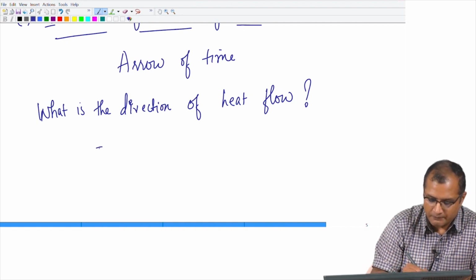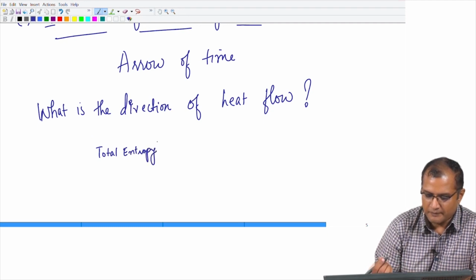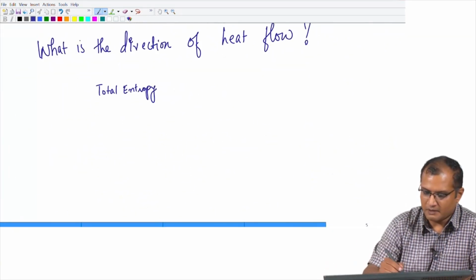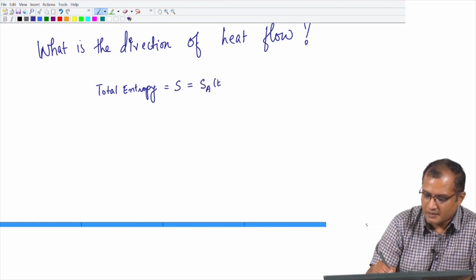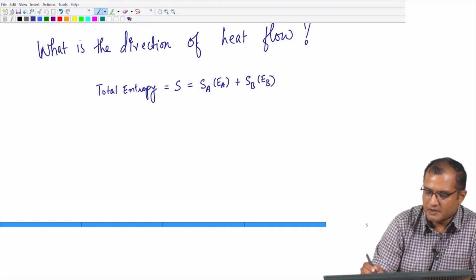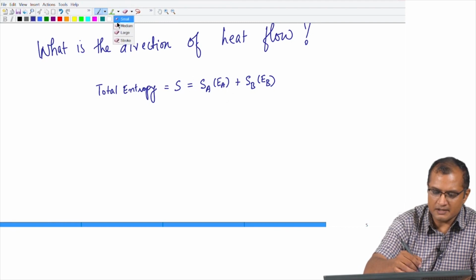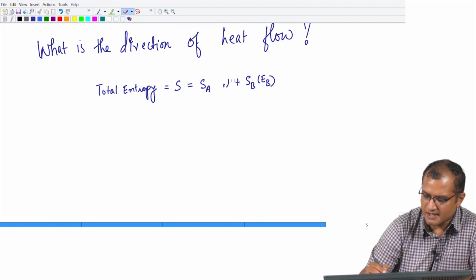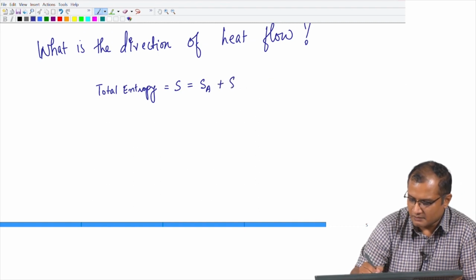the total entropy, which is given as S, and that is nothing but S A as a function of E A plus S B as a function of E B, which is basically, I will just call it S A plus S B and give the independent variables very shortly.